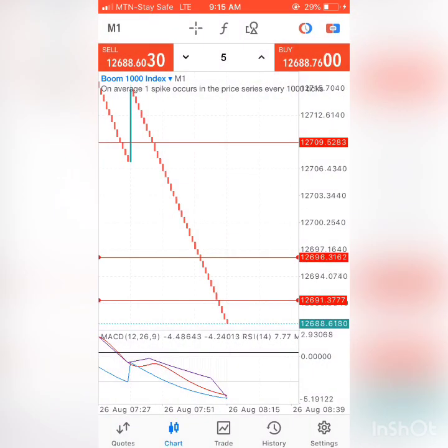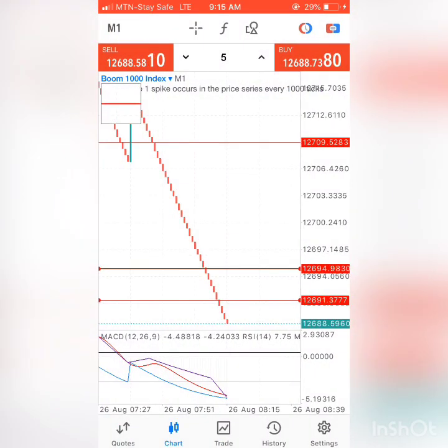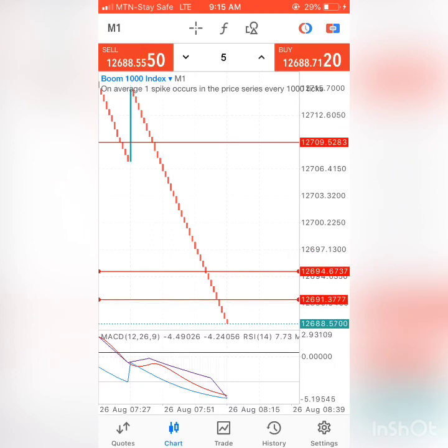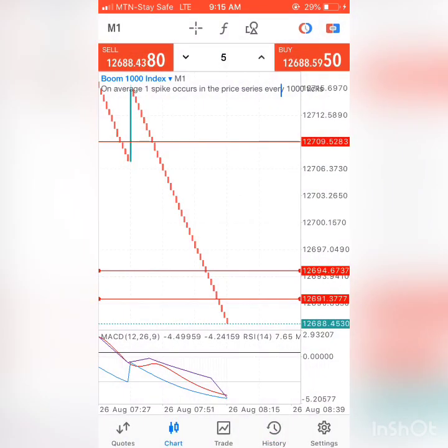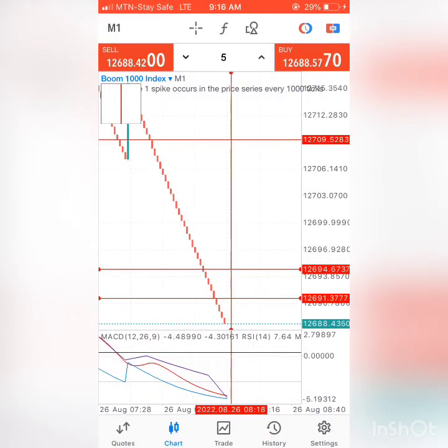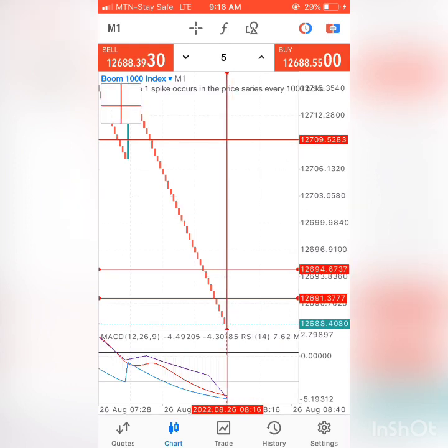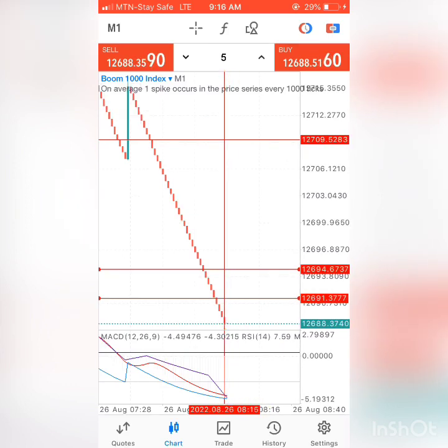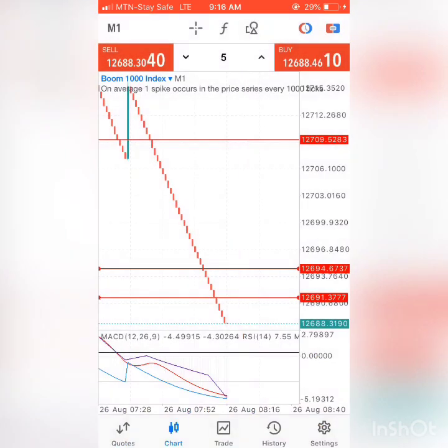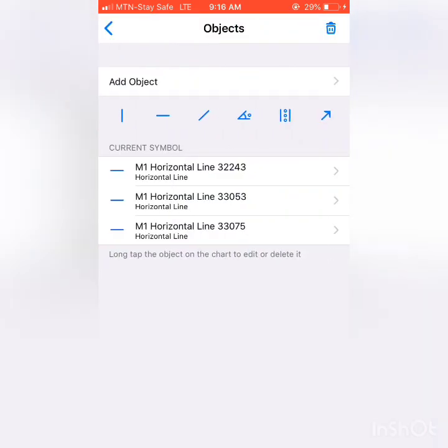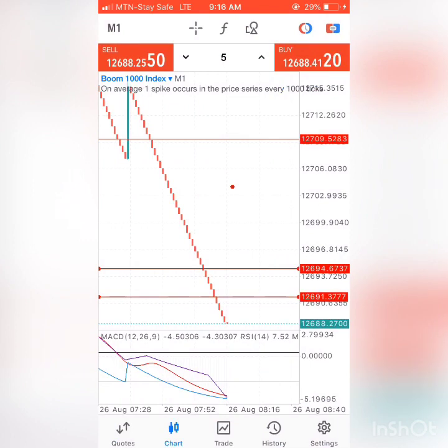Now, if the spike should happen, it's not going to respect this stop loss of mine.